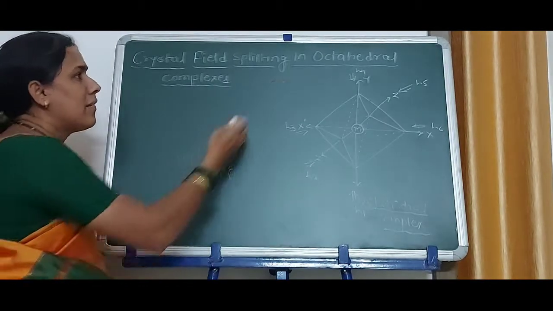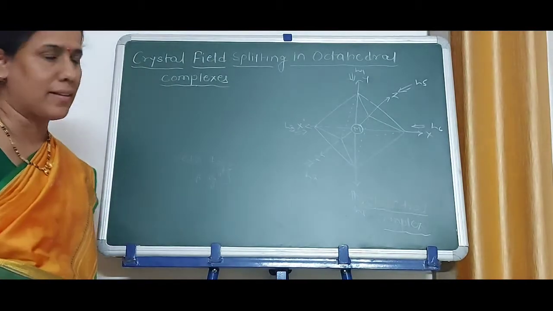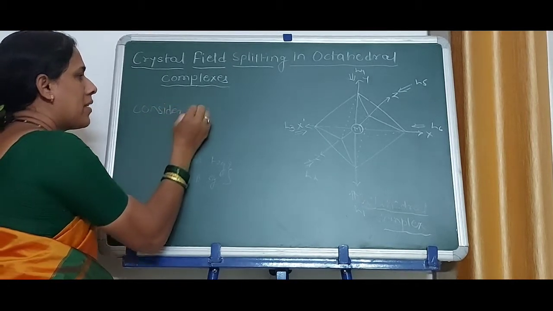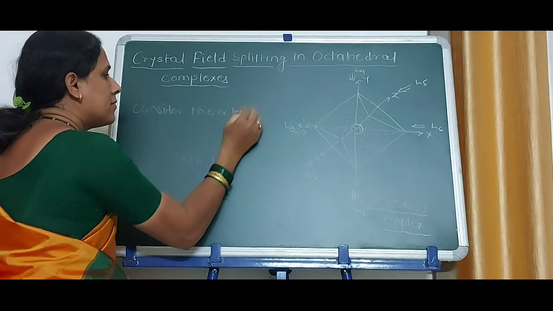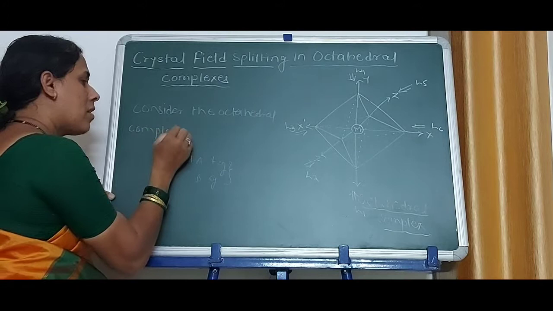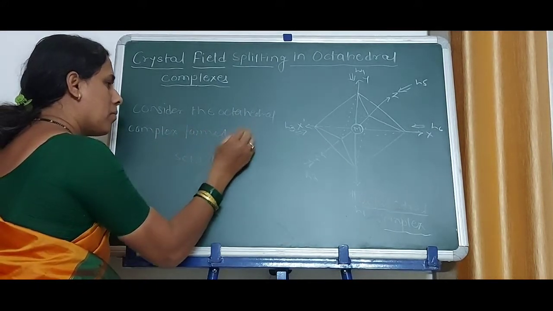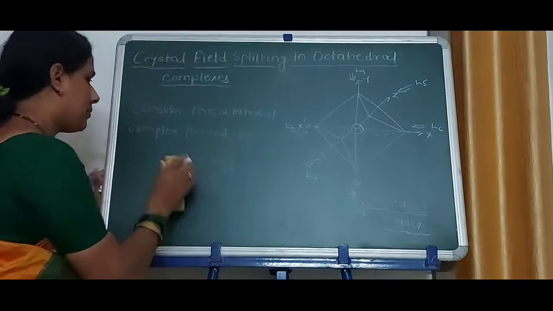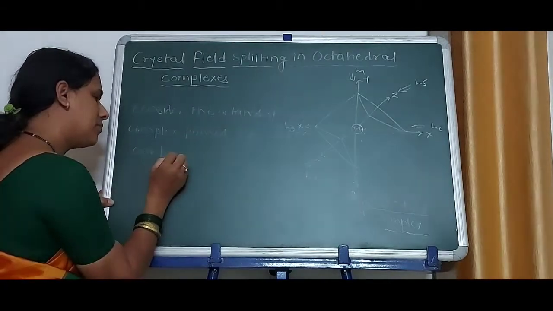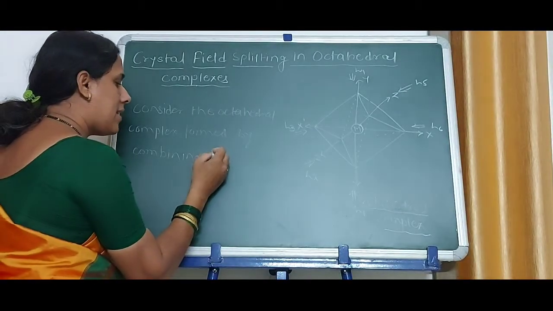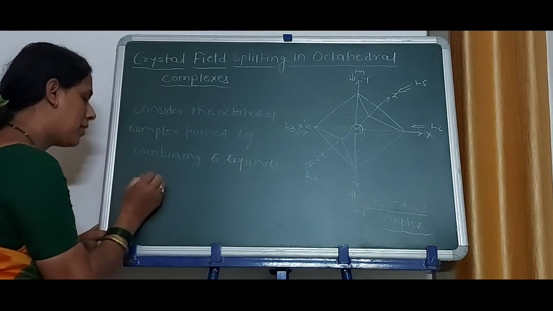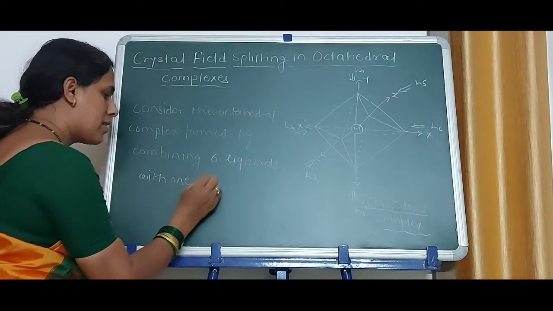Now let us study the crystal field splitting of octahedral complexes. Consider the octahedral complex formed by combining 6 ligands with one central metal ion.